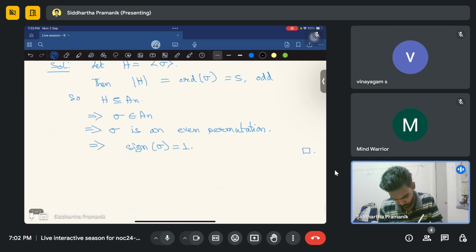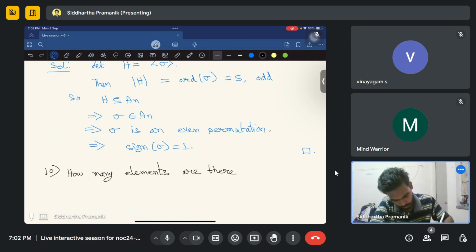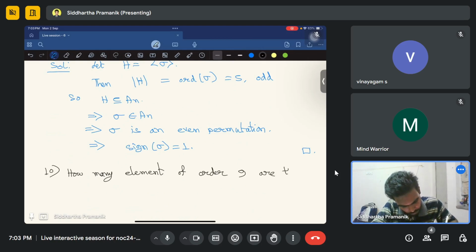So let's see one more typical application of this problem.